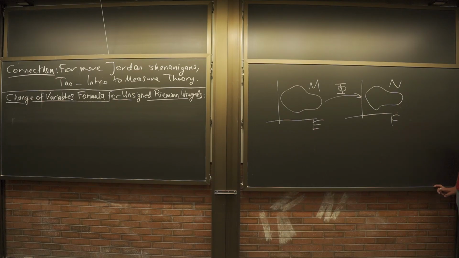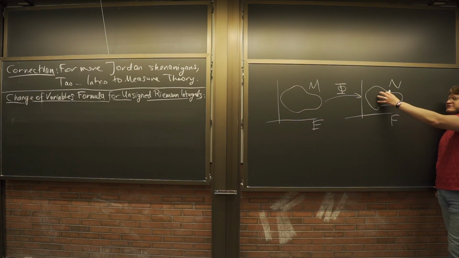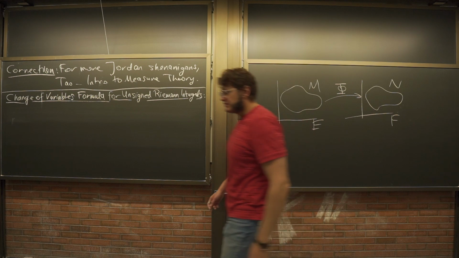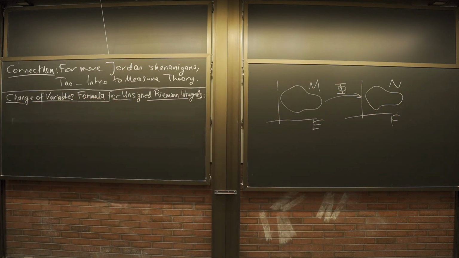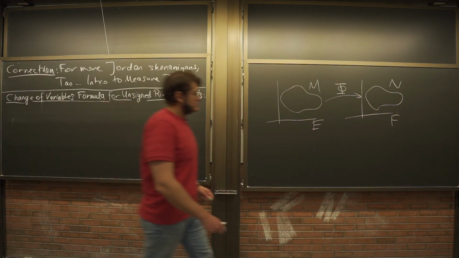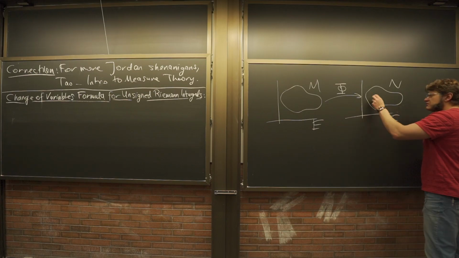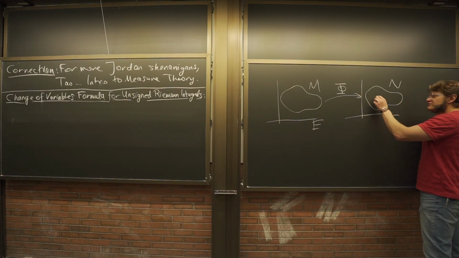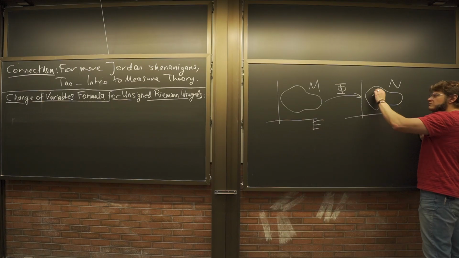Well, and then I'm going to need, what do I need? I need some sort of subset here over which I can integrate something. That is to say, I'm going to need, let's say, here a subset. Pretend that this phi is something like the polar coordinates. So maybe my subset is something like this.